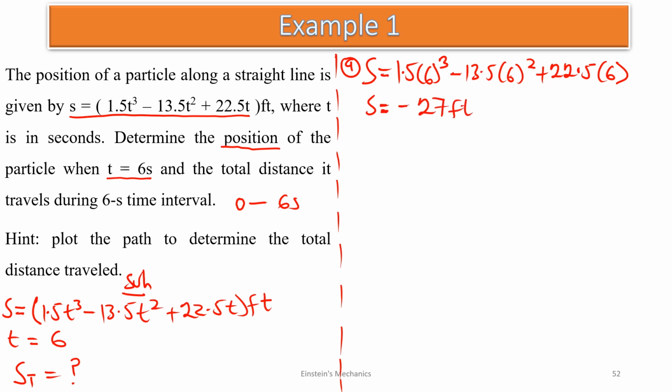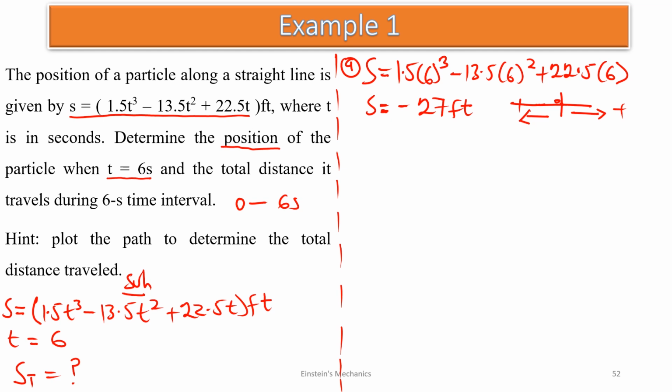In the previous episode, we saw that the position can be negative or positive, depending. If it is moving to the positive side, it is going to be positive. It is negative in this direction. Are we okay? So it is at a position negative 27 feet from the origin. With the coordinates, you'll be able to know where it is located.